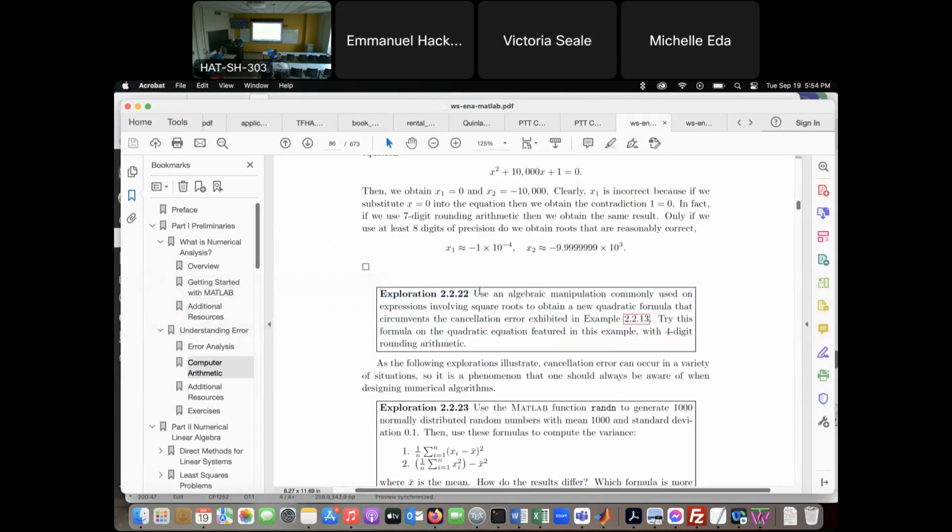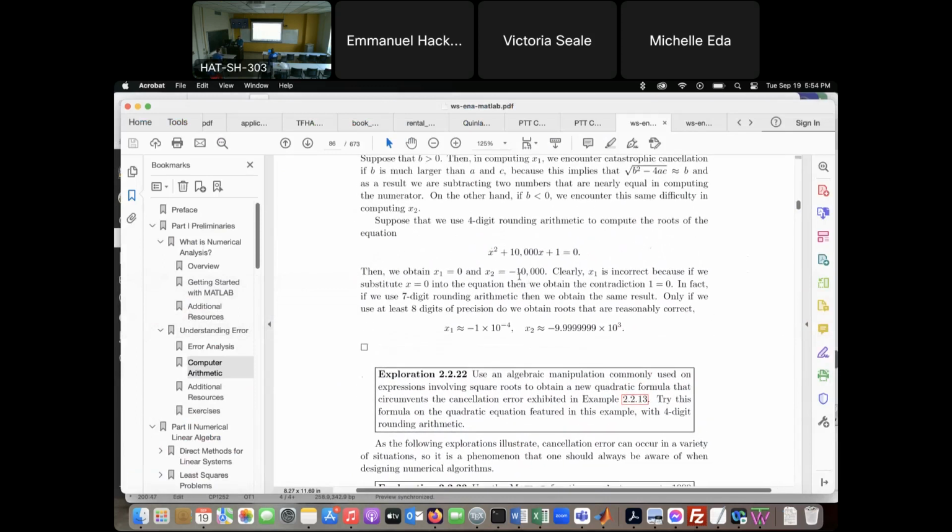But it's from doing things that you know how to do. And I know I have to be extremely, annoyingly coy in the problem statement: using algebraic manipulation commonly used in expressions involving square roots, you can get an alternative quadratic formula. Right here, these are the roots I get if I use 4 digits of precision.